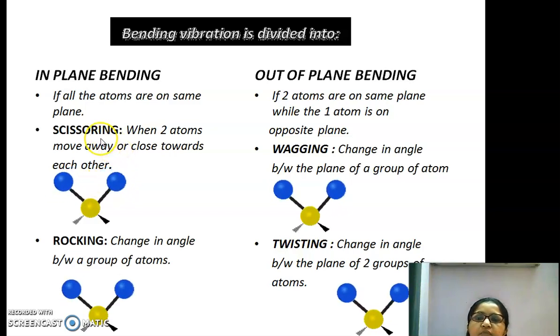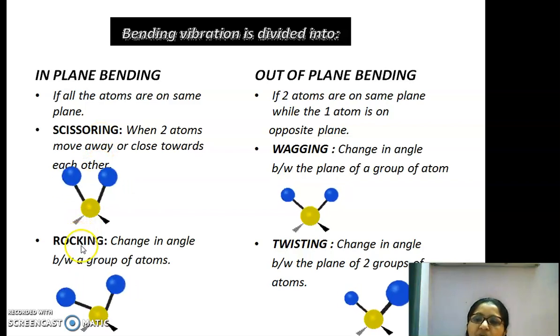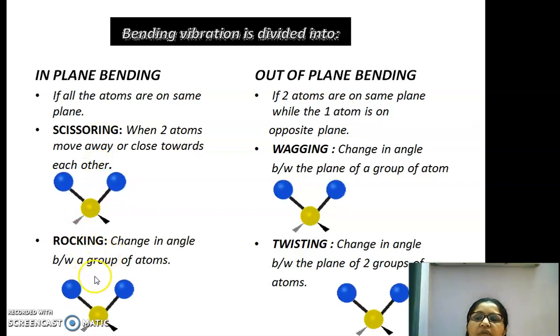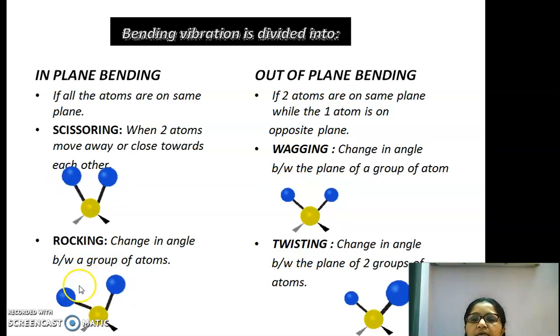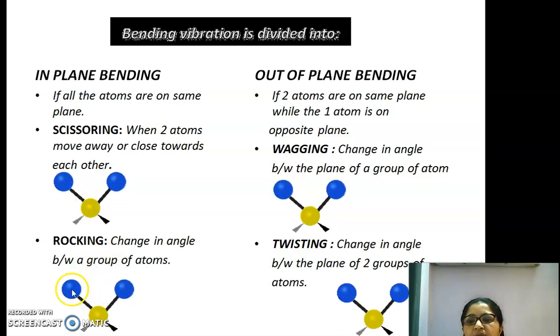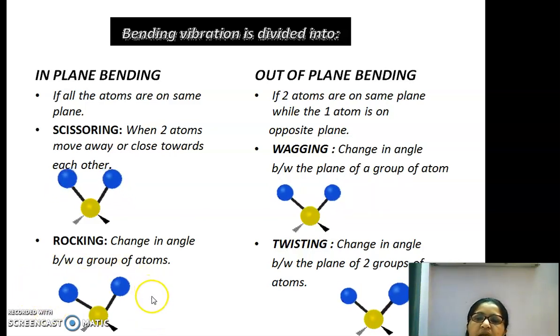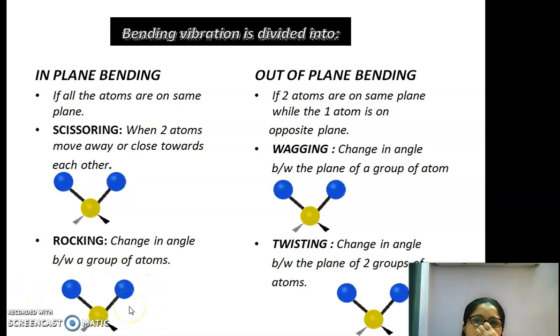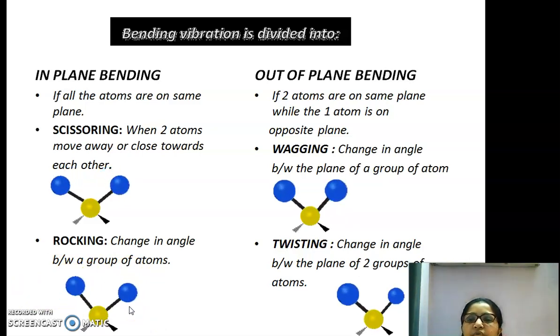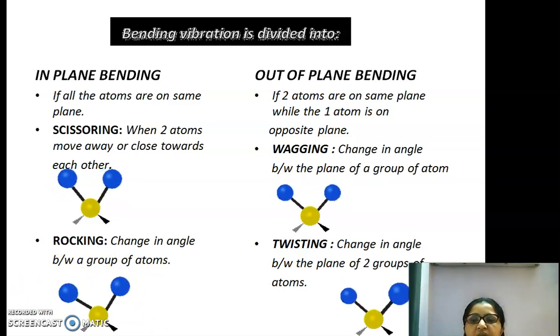So it looks more like a scissor, so it is called scissoring. Here you can see rocking. What is rocking? There is no change in angle, but both are going away to one side and then again coming to the other side. So they are simply rocking. You can say, if you take the word rocking chair, that is rocking from one pole to the other pole.